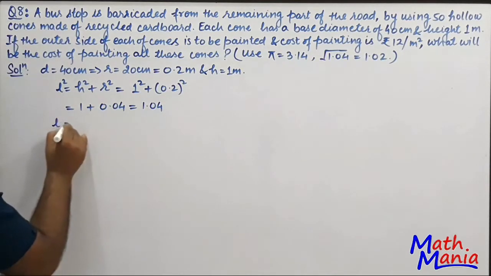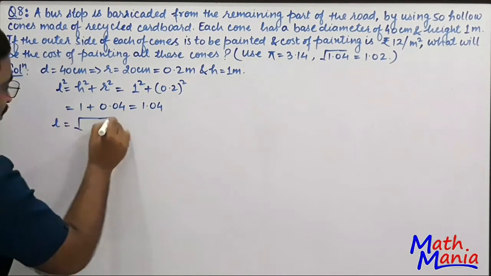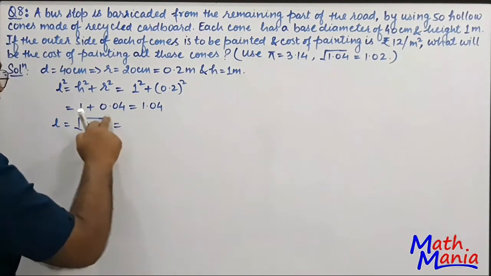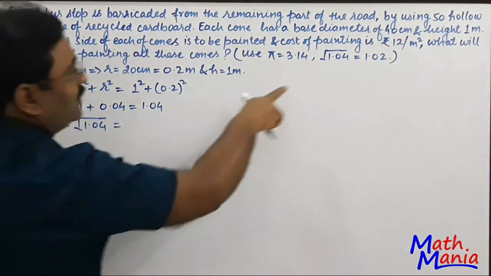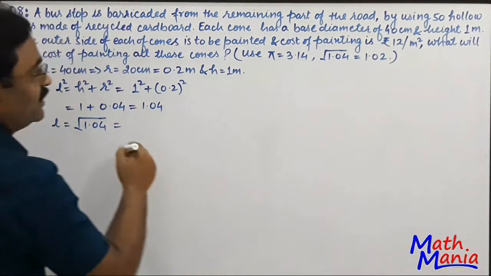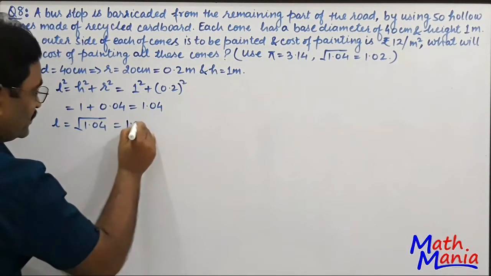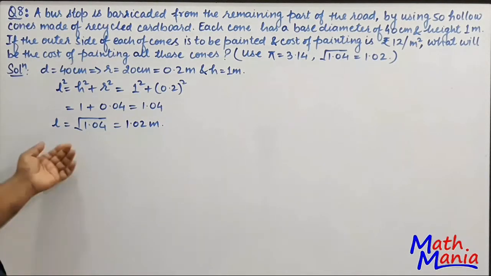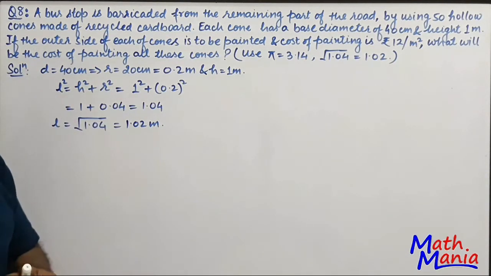So l is equal to under root 1.04, whose value is given in the question as 1.02 meter. This is the measure of the slant height of this barricade cone.